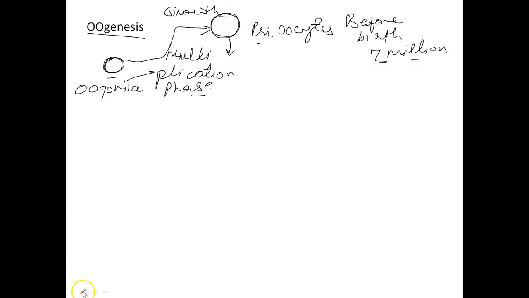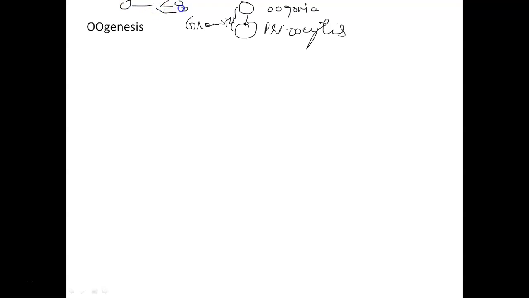So when primary oocytes are formed, this phase is the growth phase, whereas the oogonia increase in number, which was the multiplication phase.